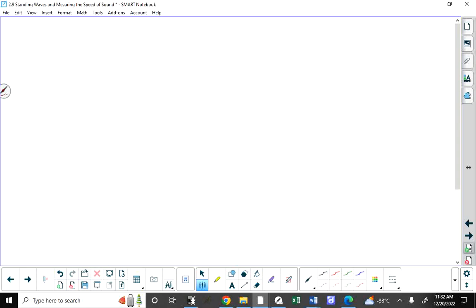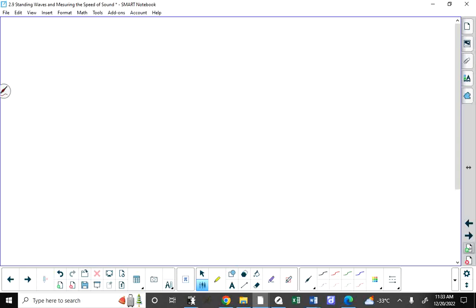Okay. I would like everybody to find the wavelength of the sound that 288 hertz will produce if the speed of sound in this room is about 233 meters per second. Okay, so we have a speed of 233 meters per second. We have a frequency of 188 hertz.